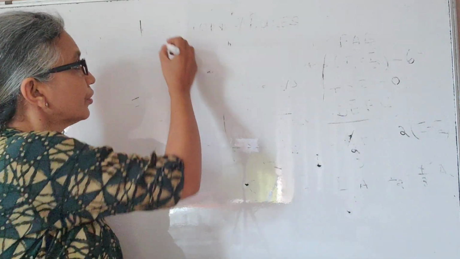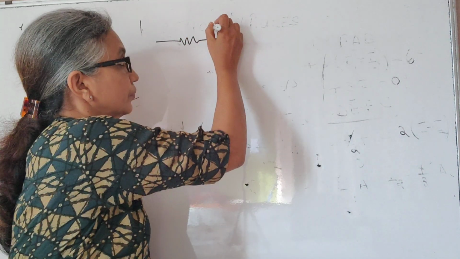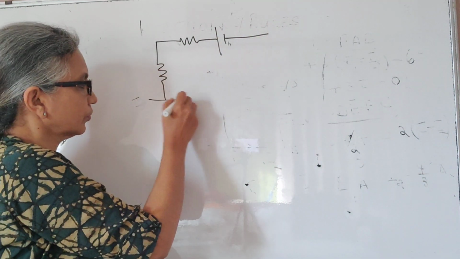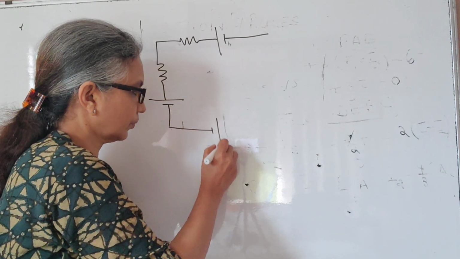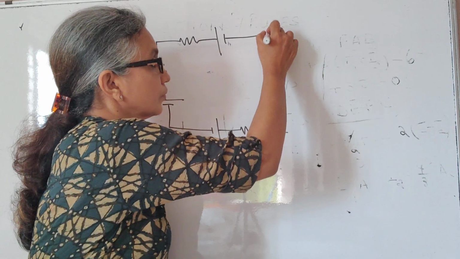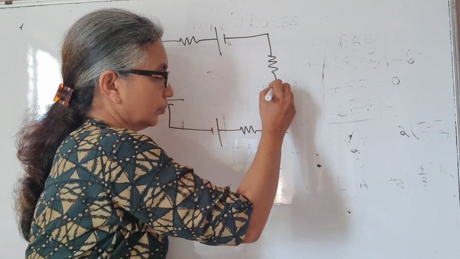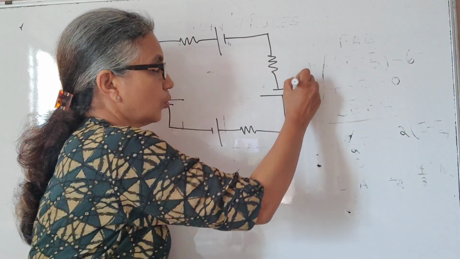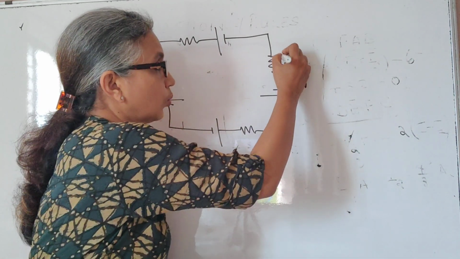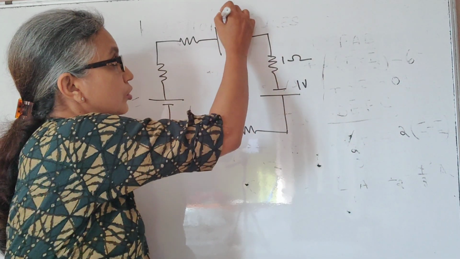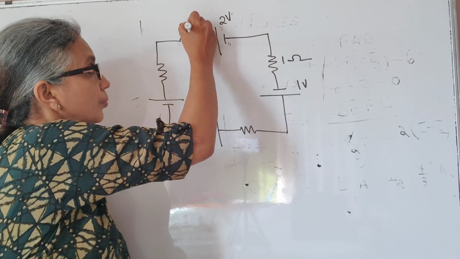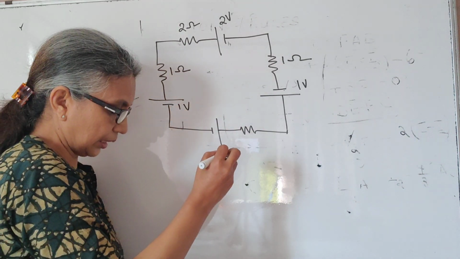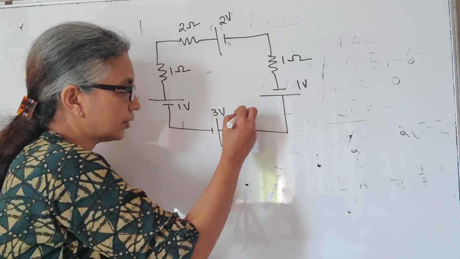Okay, now we have here 1 volt and then we have a 1 ohm here, then this is a 2 volt, this is a 2 ohm, this is 1 ohm, this is 1 volt, and this is 3 volt, and this is a 3 ohm.